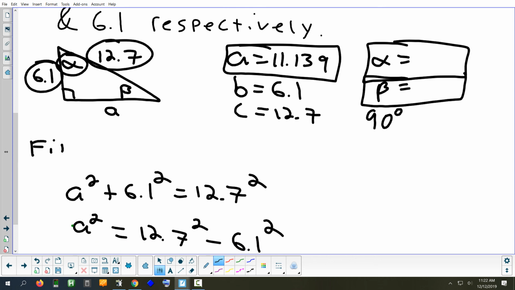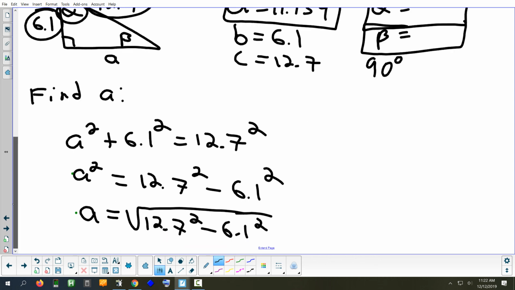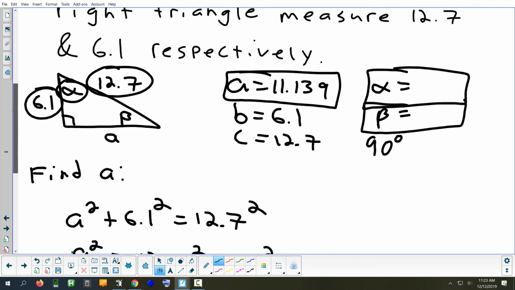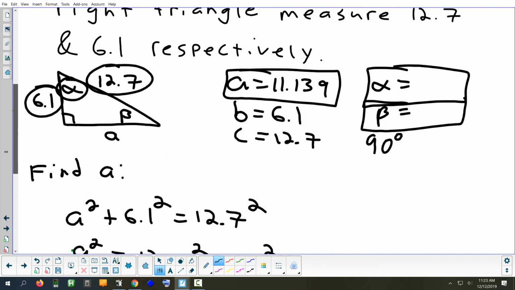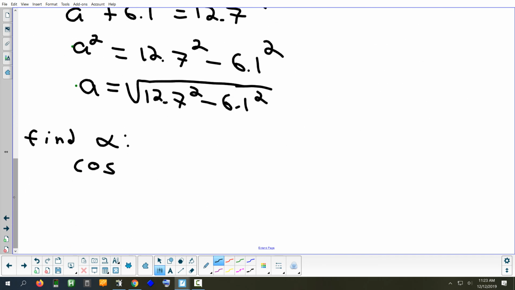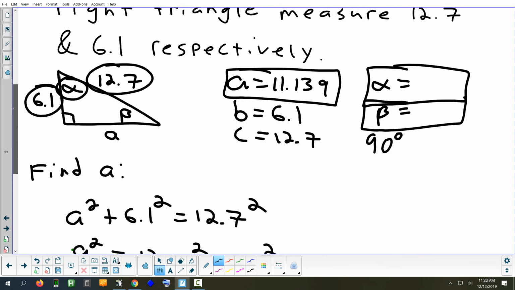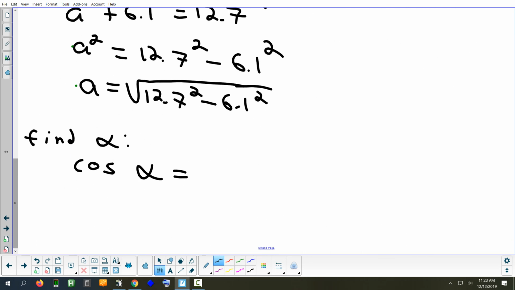All right, so this was to find A. Now we're going to find alpha. So it's going to be cosine of what? Alpha equals what over what? 6.1 over 12.7. What's a little different about that?